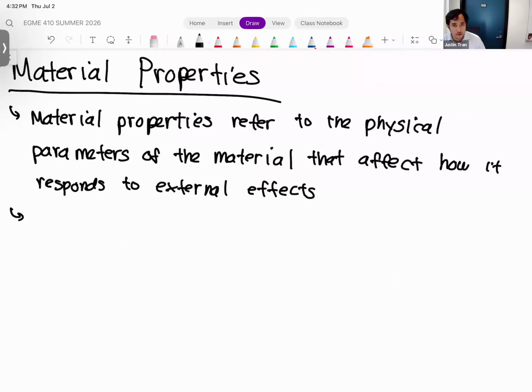Mathematically, everything comes back to the governing equations. The material properties end up being constants and parameters that affect different components of our governing equation.